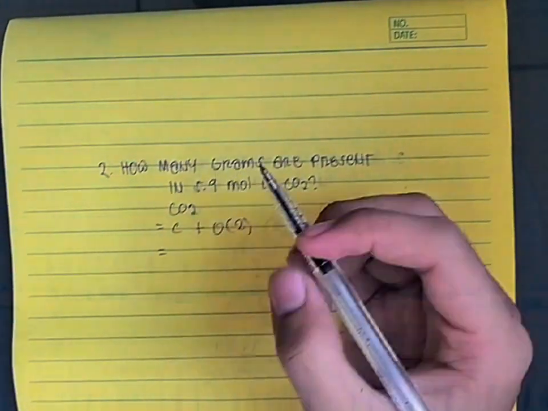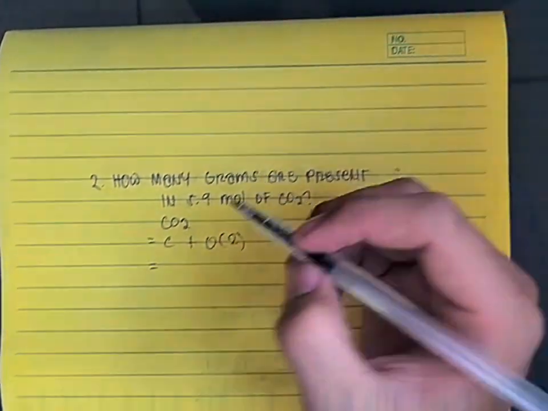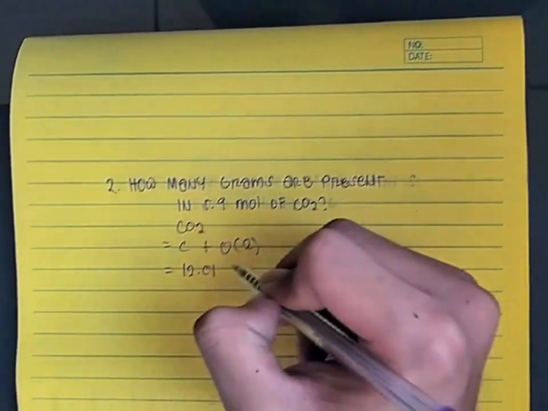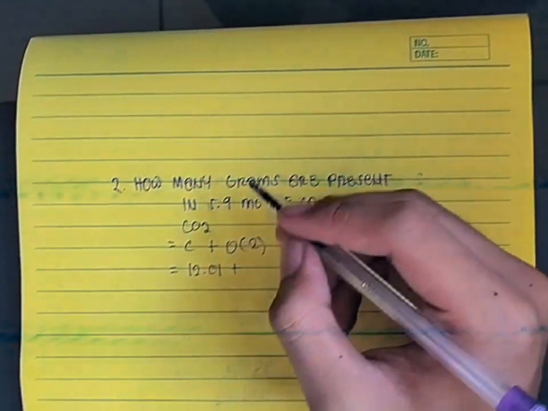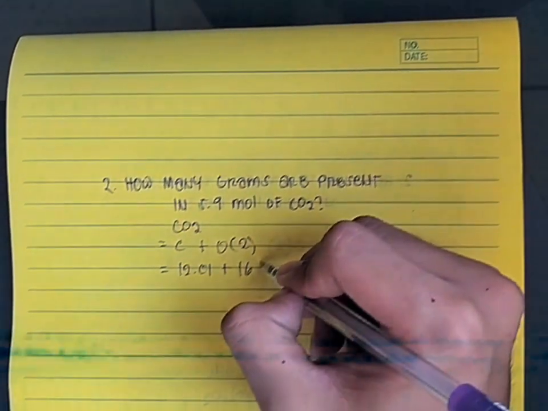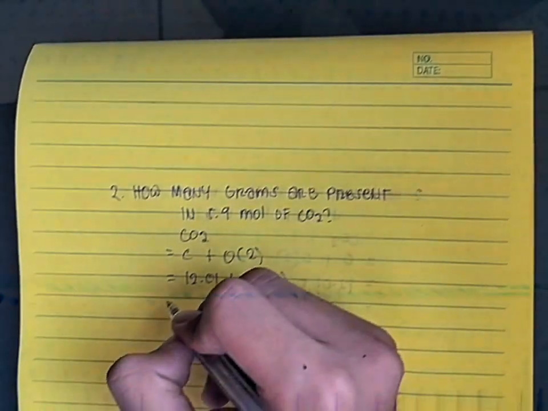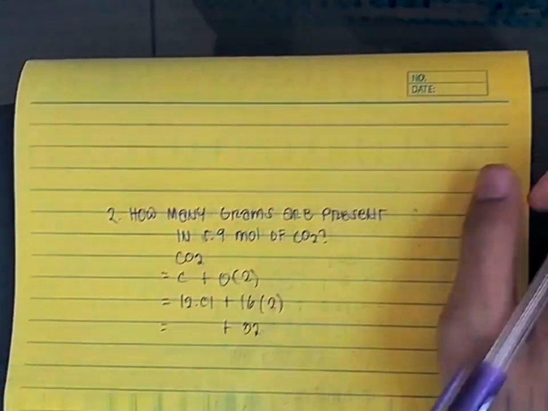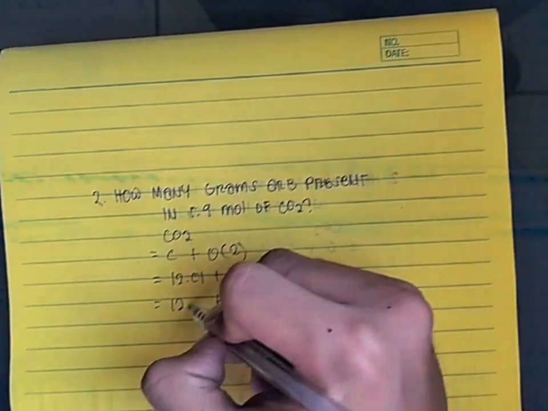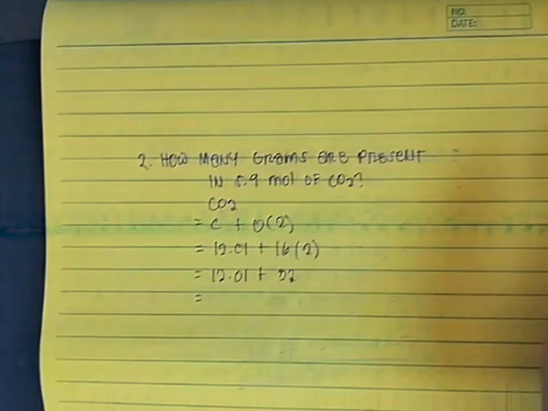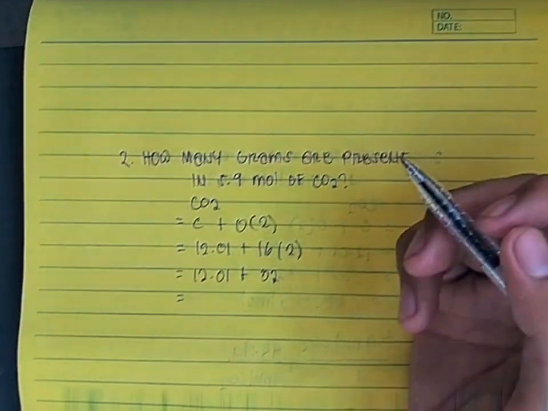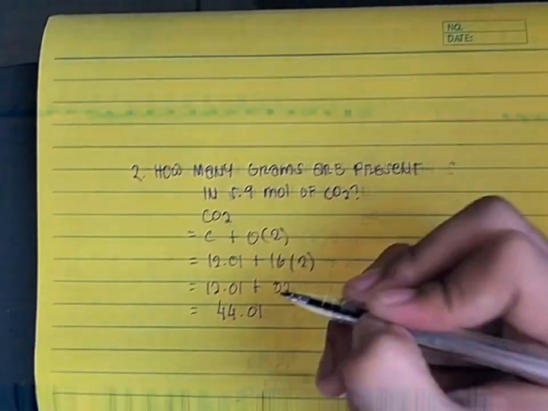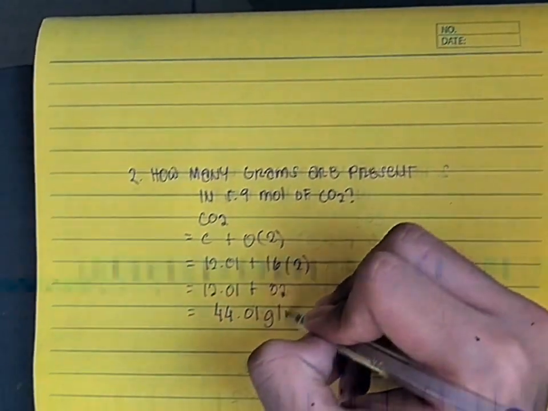Since there's only one carbon and the atomic mass of carbon is 12.01, plus the atomic mass of oxygen, which is 16, times 2. 16 times 2 is 32, and so 12.01 plus 32 is equivalent to 44.01 grams per mole.